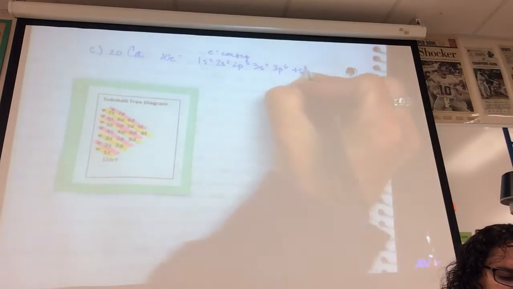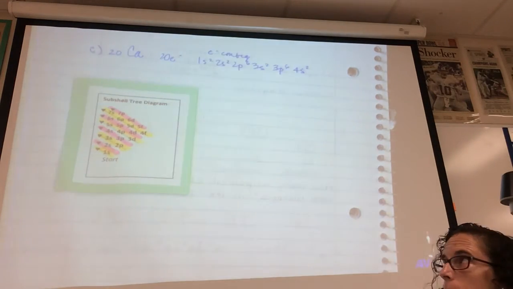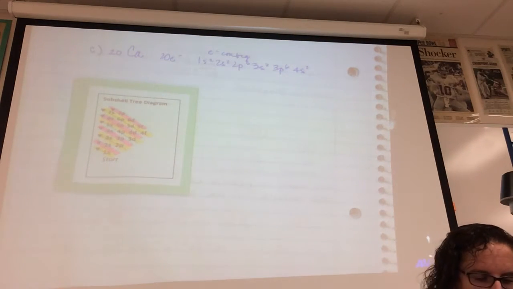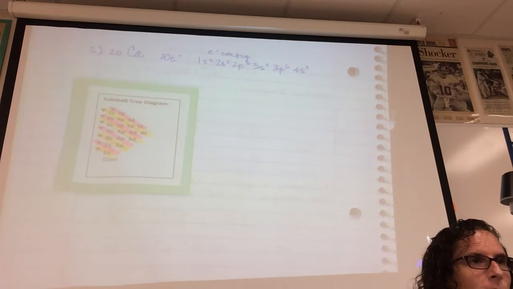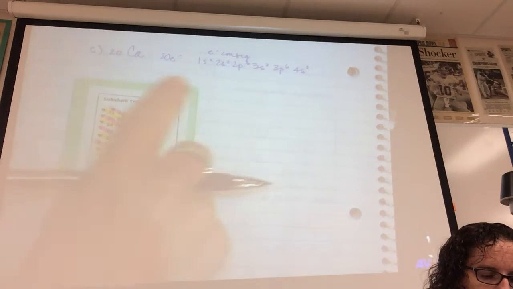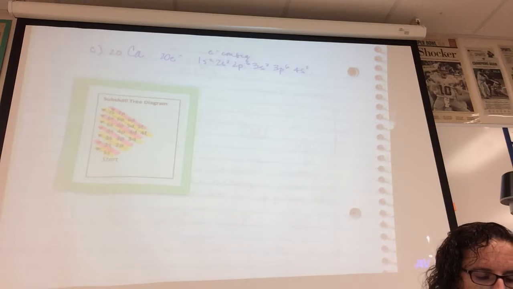Oh, 4s2. Good. Excellent. Superscripts add up to 20, followed the subshell tree diagram, golden.